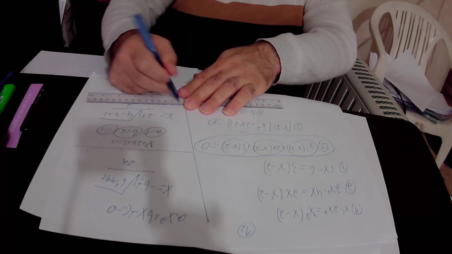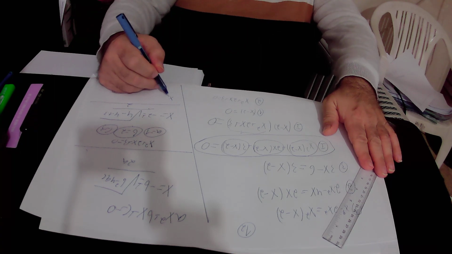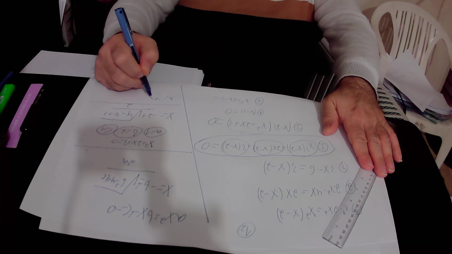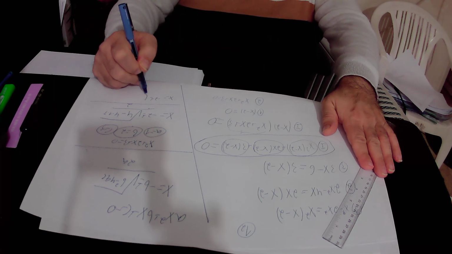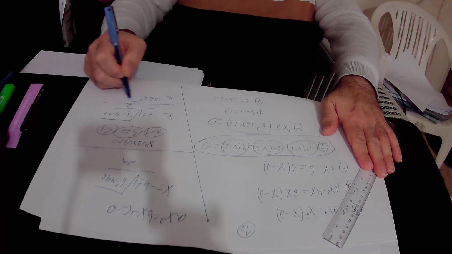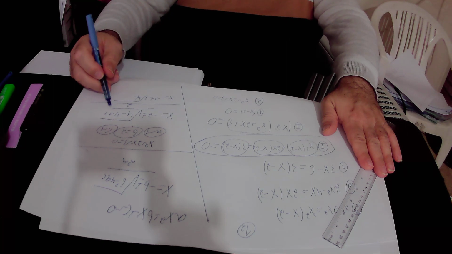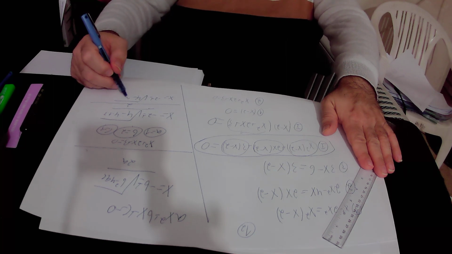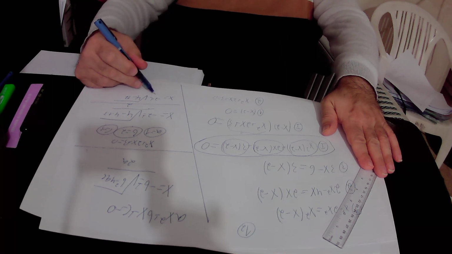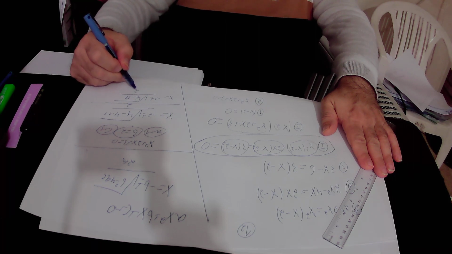So x equals minus 2 plus or minus the square root of 4 minus 4 times 1 times 3, which is 12, over 2.